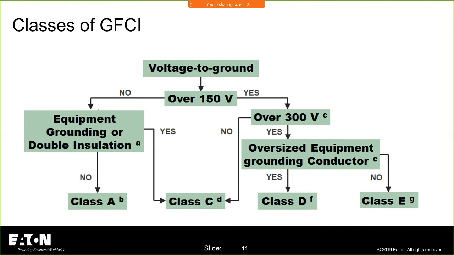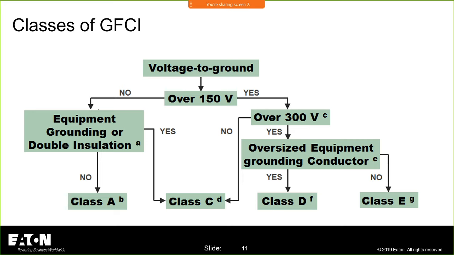This is a good slide that my good friend Nihad Al Sharif put together, and he did a great job of explaining the differences between Class A, Class C, D, and E devices, and when you get into those. So if your voltage to ground is over 150 volts, if it's not, then if you have equipment grounding or double insulation, if you don't, then you're in a Class A GFCI.